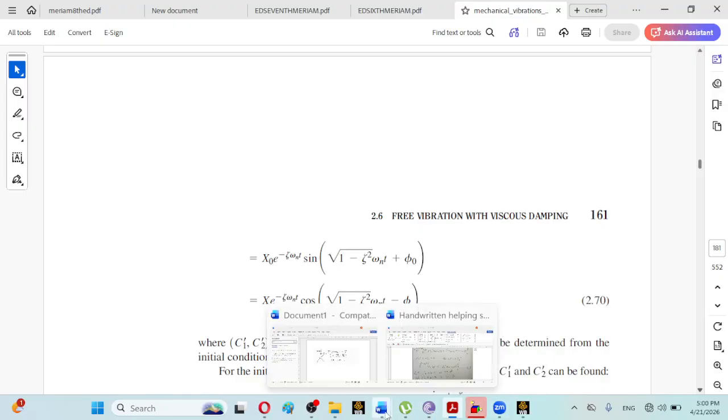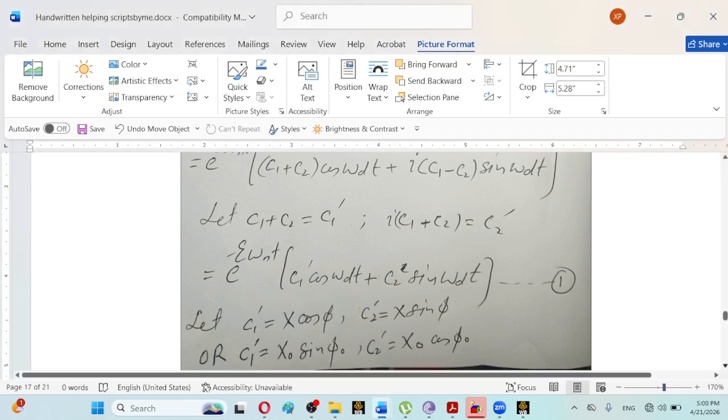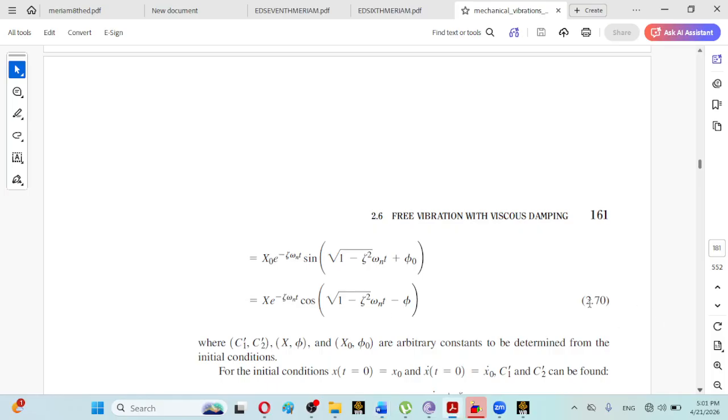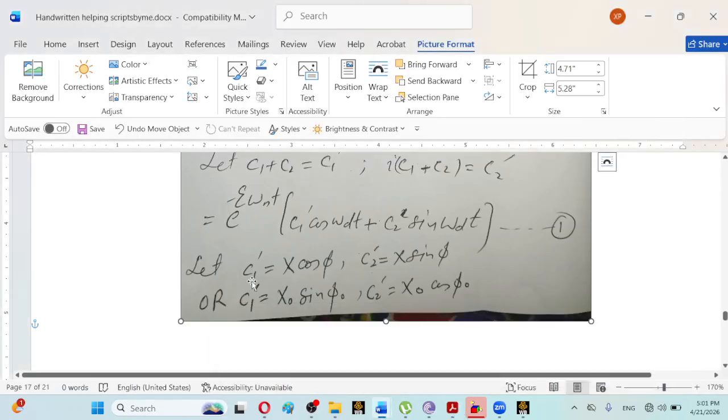So how will those equations be derived? Equation 2.70, both parts. If we want to transform the previous equation into the cosine form, we will assume like this: let C1 dash be equal to some common displacement, the component for an amplitude.